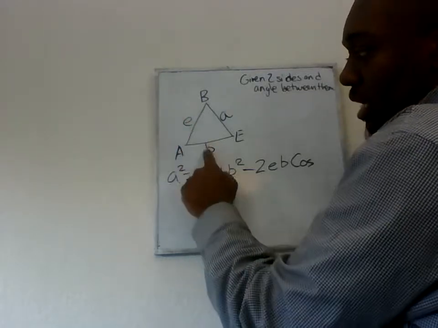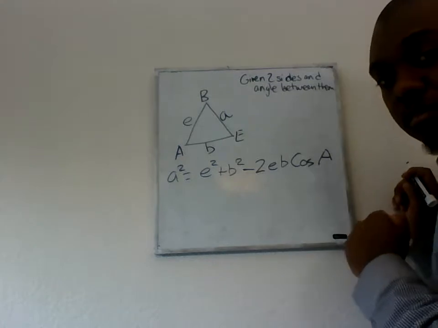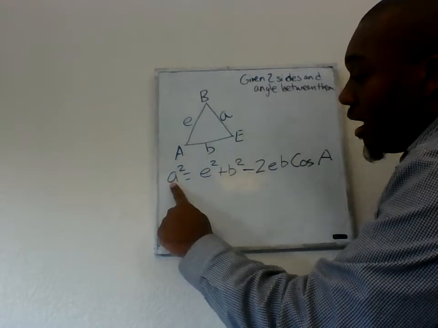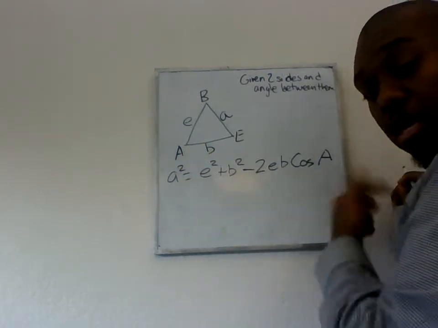Well, what angle is between E and B? A is. Okay, so in order to find side A, I would take the square root of all of this, and I'll have my answer.